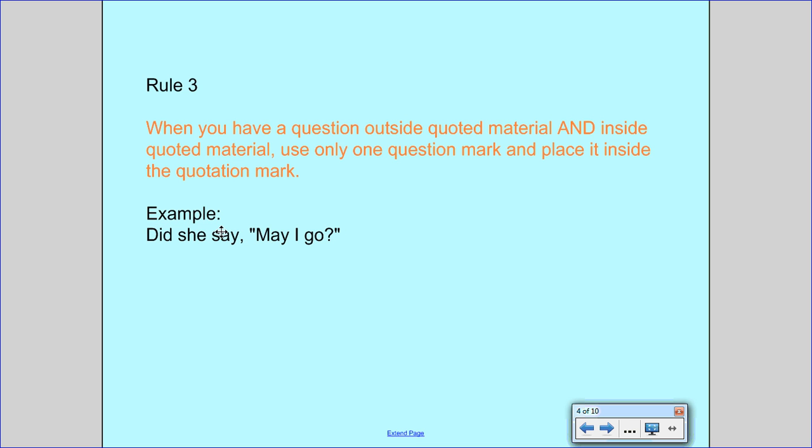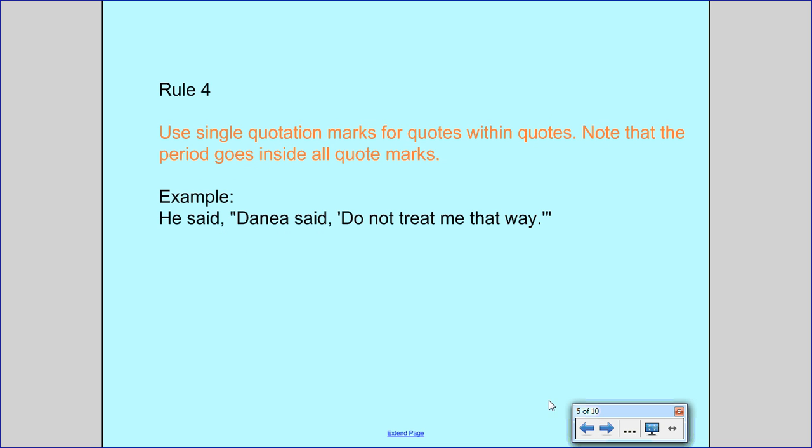You'll notice that there's the question outside of the fence and also the question inside the fence. This is one you're just going to have to memorize: once you get a question outside and inside, the question mark is going to go inside. Rule number 4, use single quotation marks for quotes within quotes.